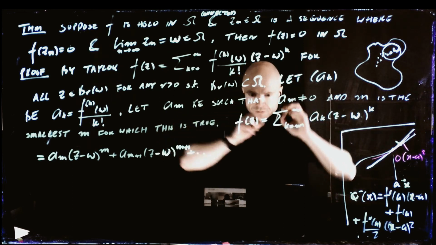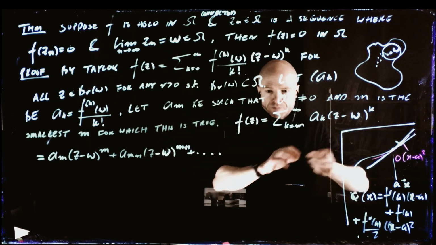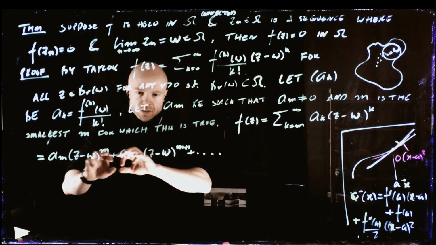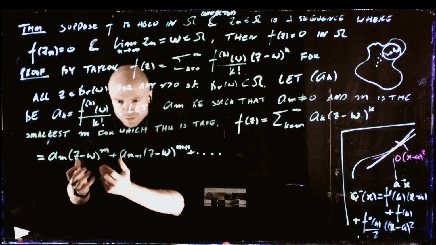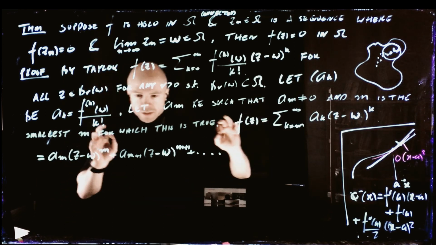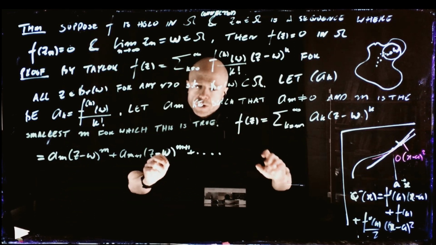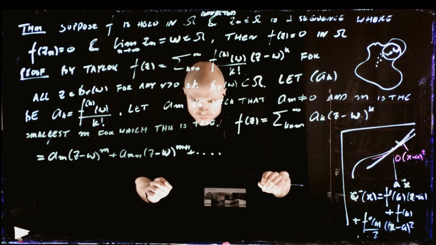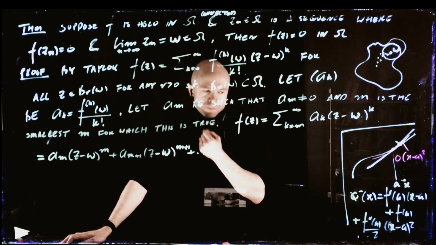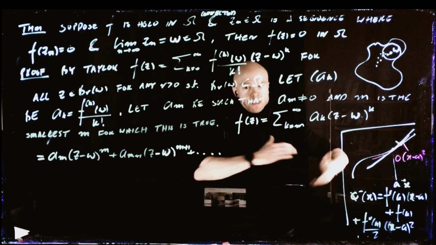For z close enough to w, the (z minus w) to the 376 is the dominant term. That's what it behaves like on a small scale, and everything else is just a tiny perturbation of that behavior. Do you see what I mean? Cool. Okay, so that is the idea. That is what we're going to use.